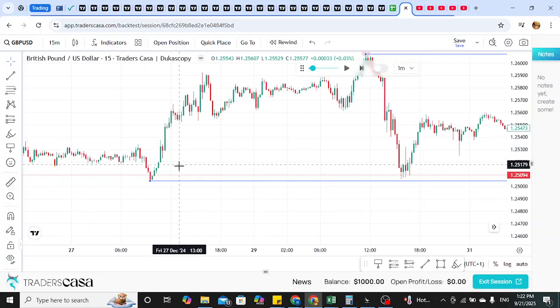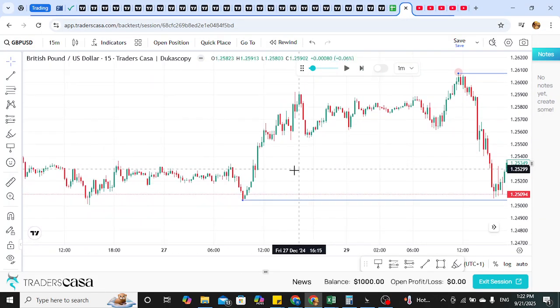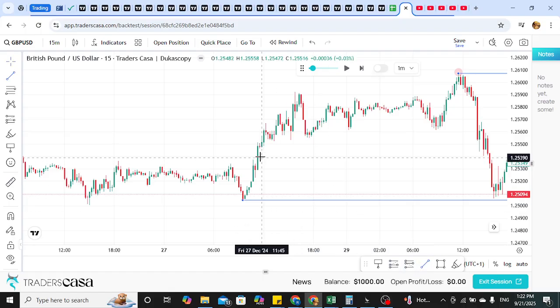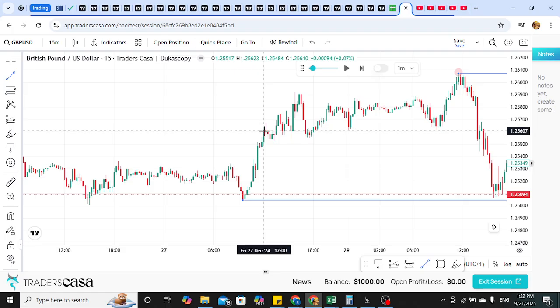But let's say we identified the low here as this one, and we want now to check the high. We look at this high. Where is the recent pullback? There is no recent pullback, therefore there is no valid pullback.